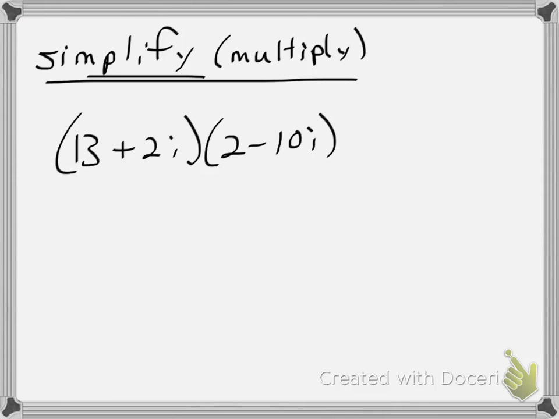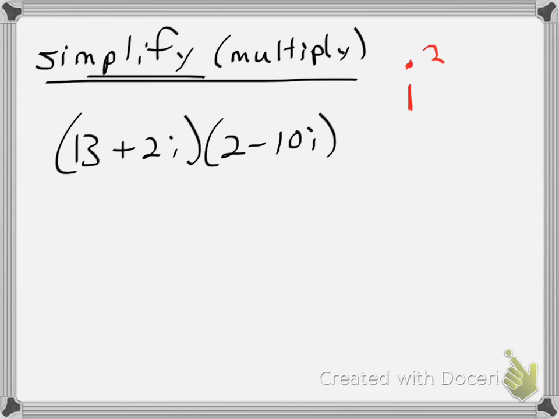Either way, one of the things we have to know before we do this is a particular substitution. If at any point we have an i squared, resulting from multiplying two i's together, just as x times x gives me x squared, in the same way, i times i gives me i squared.